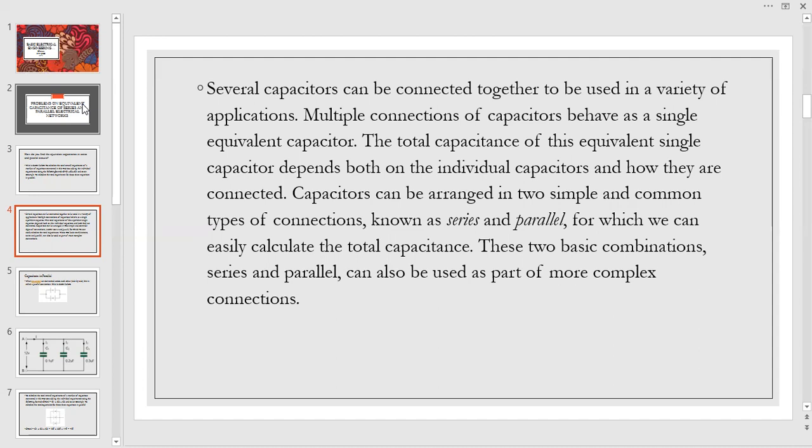Capacitors can be arranged in two simple and common types of connections, known as series and parallel, for which we can easily calculate the capacitance. These two basic combinations can also be used as part of more complex connections.